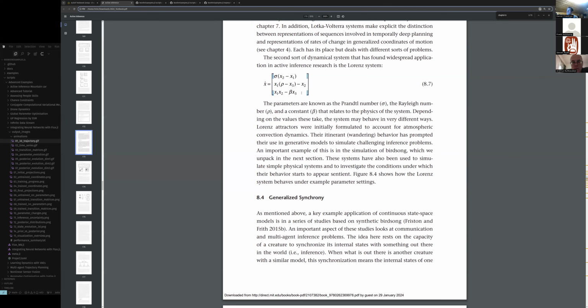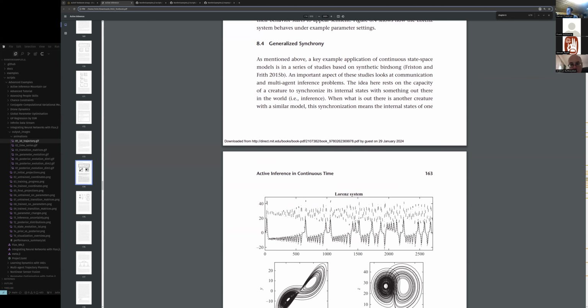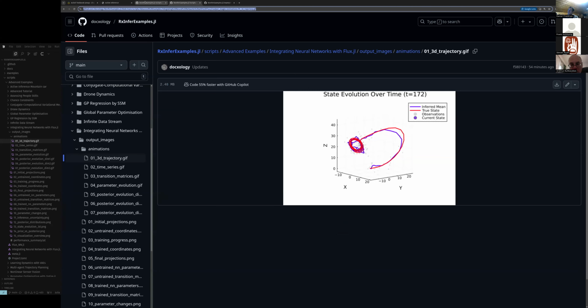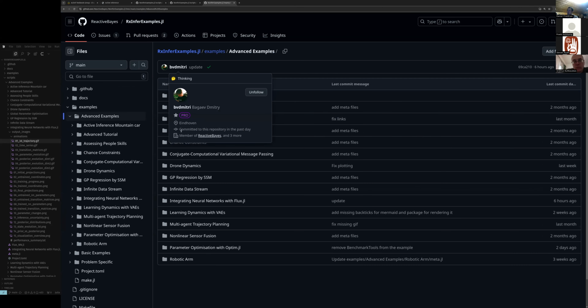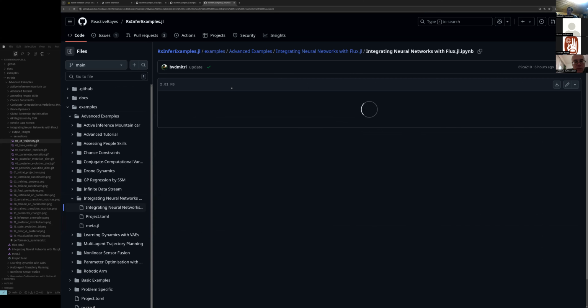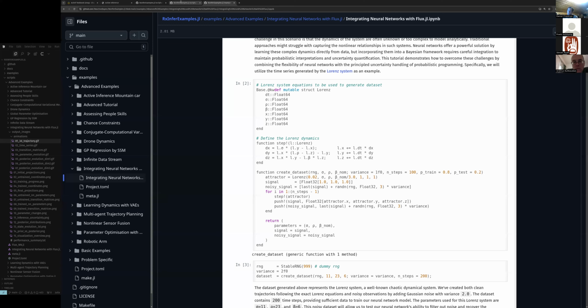So it has these several parameters, and it's a sort of proof of concept showing how with several parameters you can get this dynamical chaotic behavior. So what this RxInfer example did today, in the RxInfer examples in the advanced examples, integrating neural networks with Flux.jl, they uploaded this 6 hours ago as a notebook, which is really useful for web-based viewing.